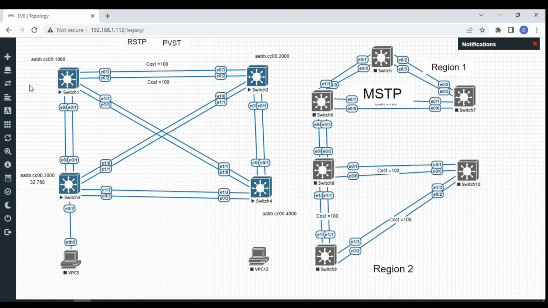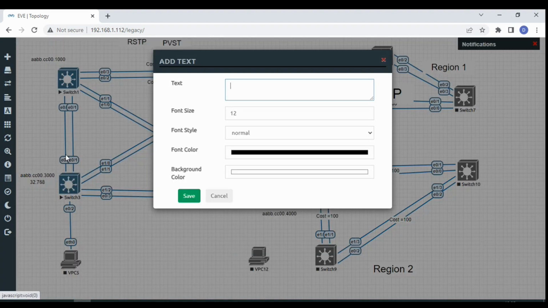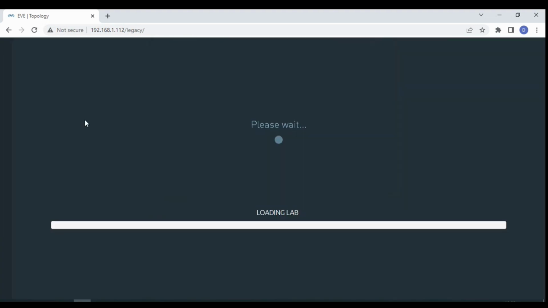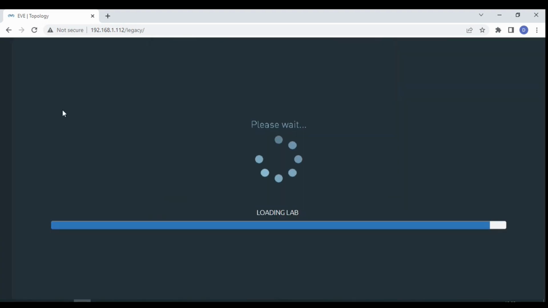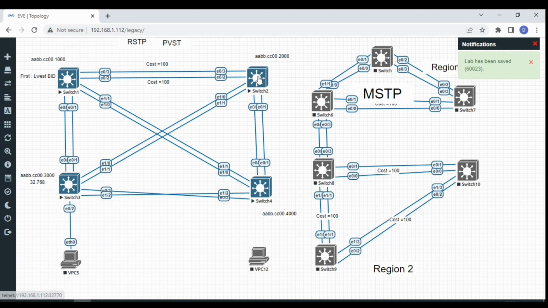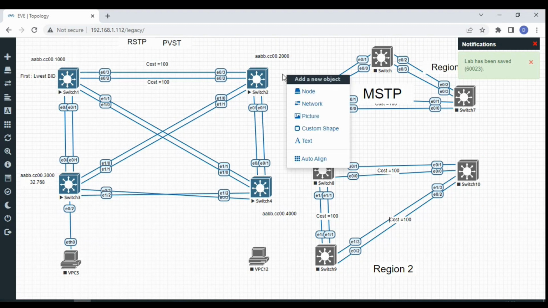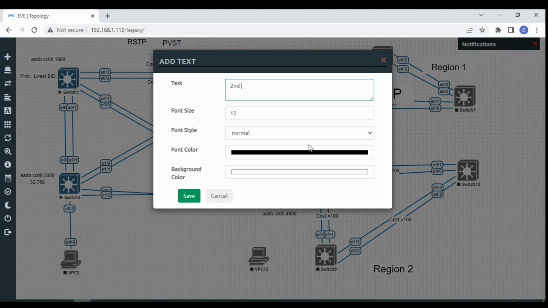Let me write it down here: first lowest BID. This is the secondary lowest BID.